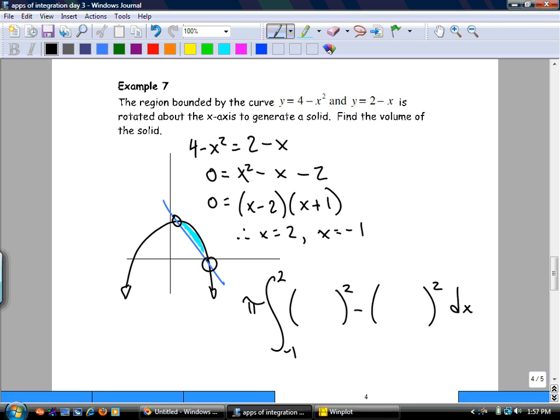Higher minus lower. Positive y values minus less positive y values. So what's the higher function? 4 minus x squared. And the lower function, 2 minus x.